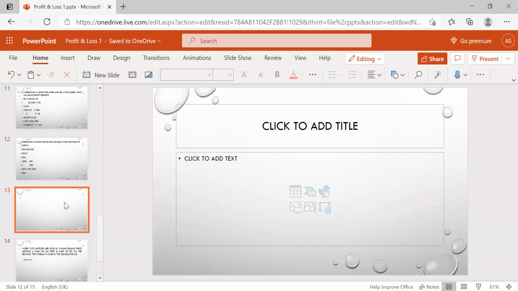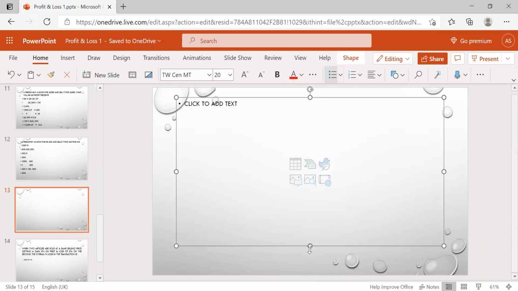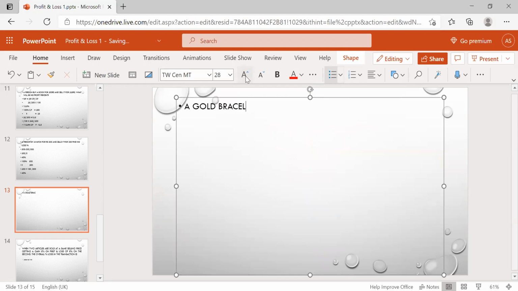Now we'll see. Now just say the answer for this. A gold bracelet is sold for rupees 14,500 at a loss of 20%.